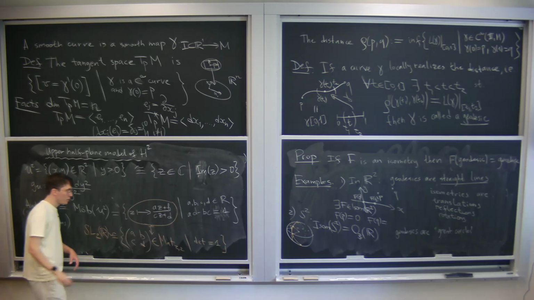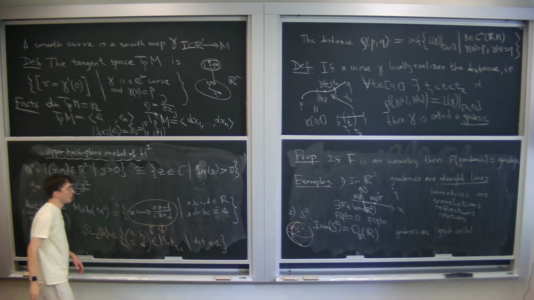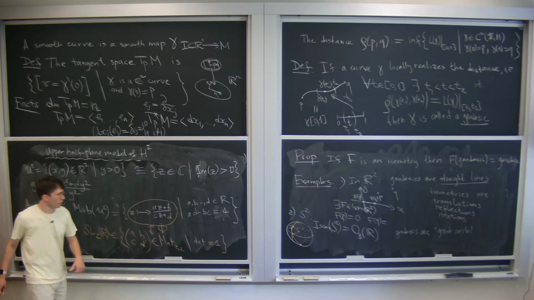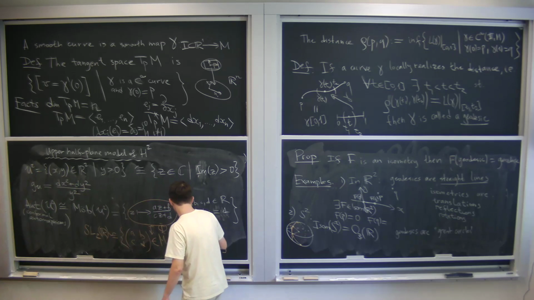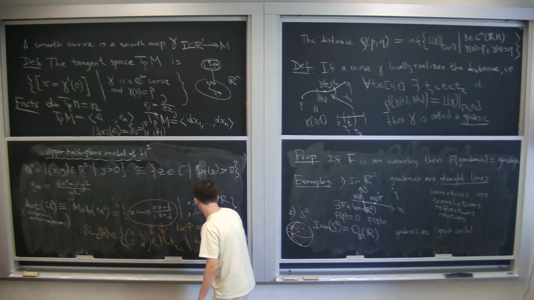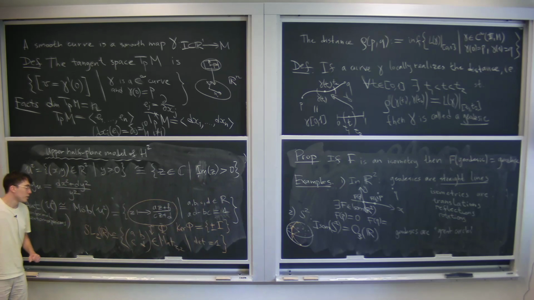But this map, large phi, will have a kernel, and its kernel is going to be plus minus identity. So there is a very nice map between these groups.